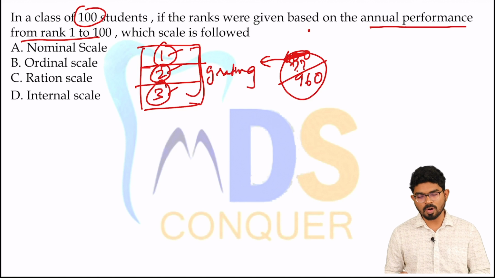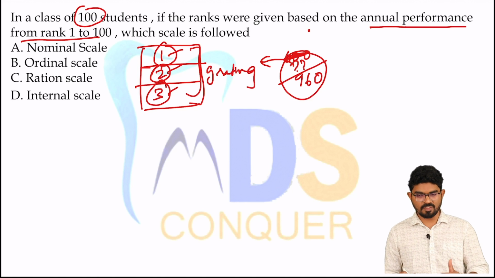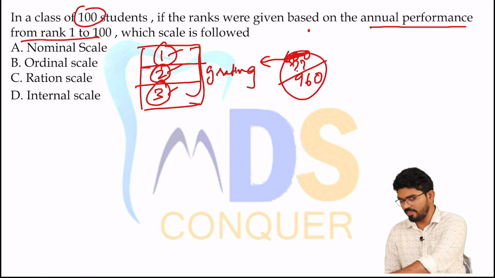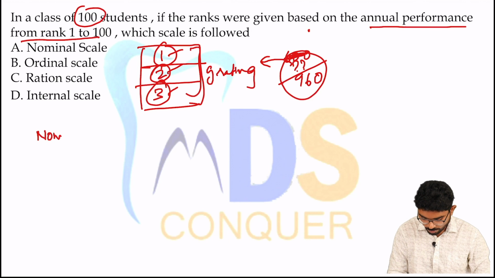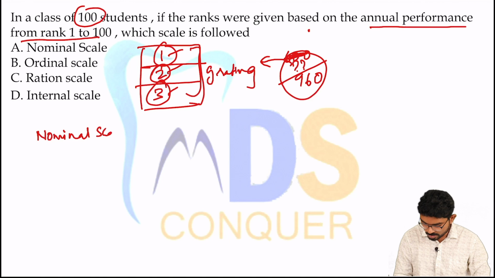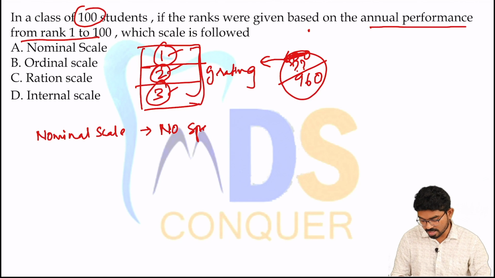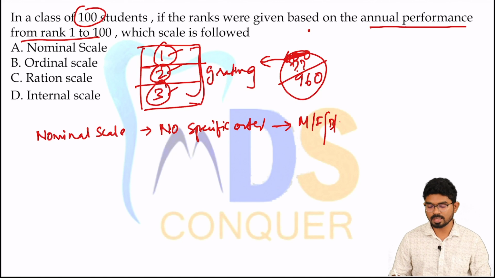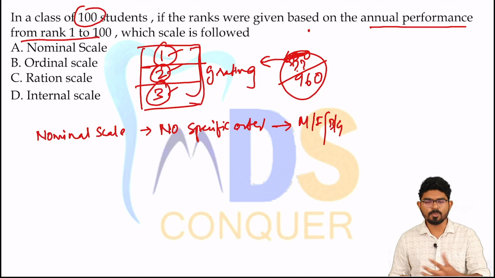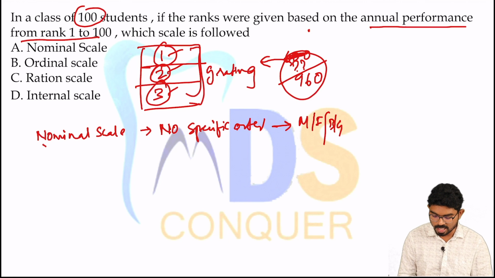So first of all, learn what are the different scales. I hope most of you are familiar with this. The first one is the nominal scale. So what is nominal scale? There will be no specific order for this. Regularly what we do, male or female, boys or girls, which country you are from, all these questions are called nominal scales.